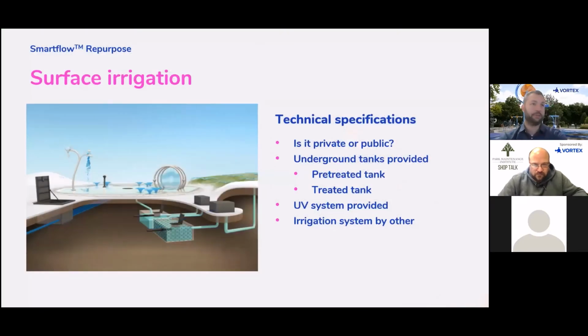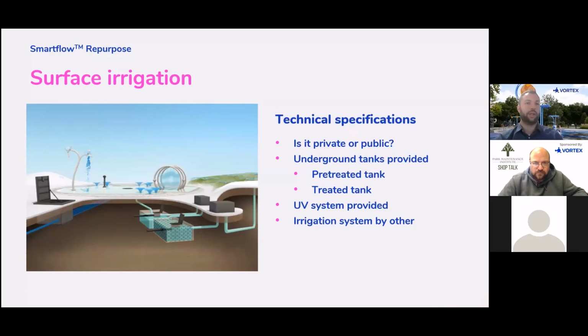Surface irrigation option. For surface irrigation, we have this subterranean tank, which is where the water from the splash pad will go. There will then be a pump pulling the water to a UV system and to a treated tank, so no chemicals are used.